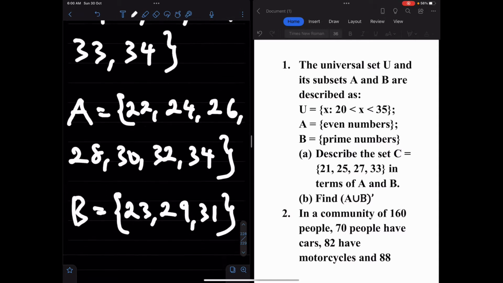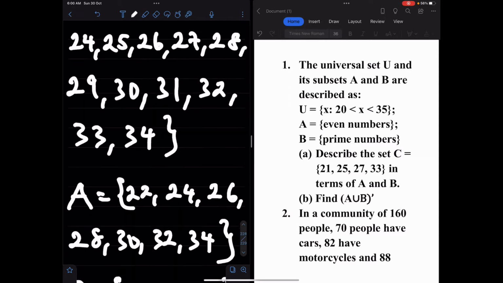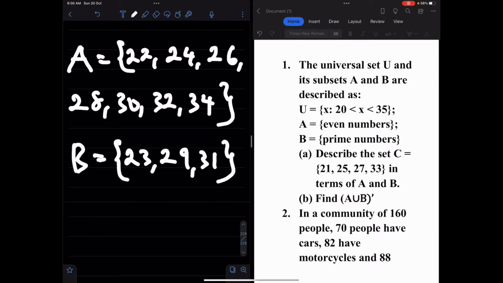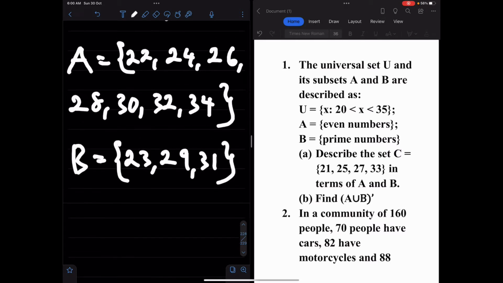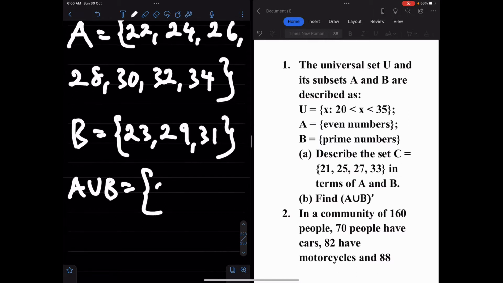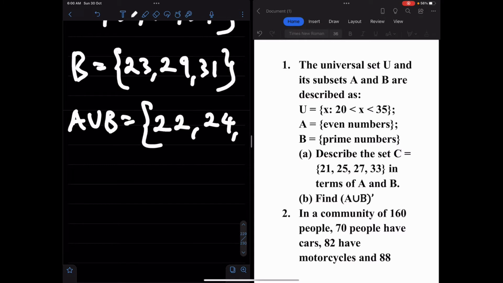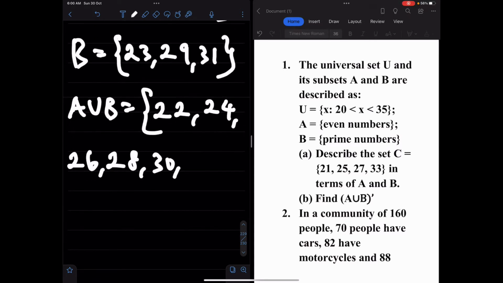Now, what's the relationship between the set C and the sets A and B? Let's see. Let me find A union B. To find A union B, just write all the elements of A first: 22, 24, 26, 28, 30, 32, and 34.